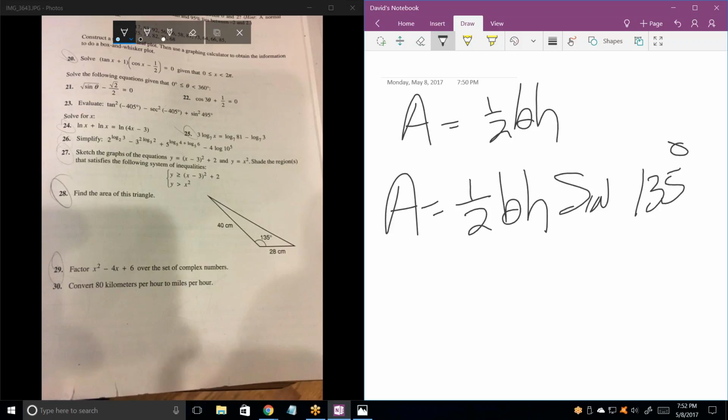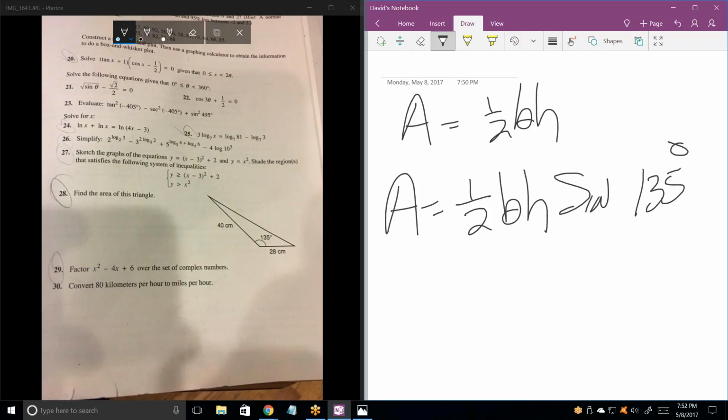And when I say AB, it's not base times height, really. In other words, you understand that the height is not 40 centimeters here. Yeah, I do. Just the other side.